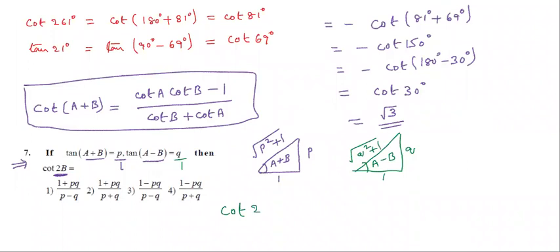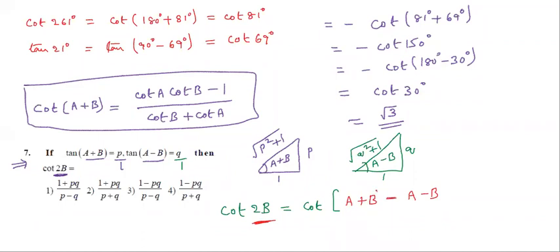Cot 2B. So this is, I am writing cot of, see carefully, cot of A plus B, A minus B. So here angle A plus B is there, A minus B is there. But here there is no A. So that means here put minus in between.